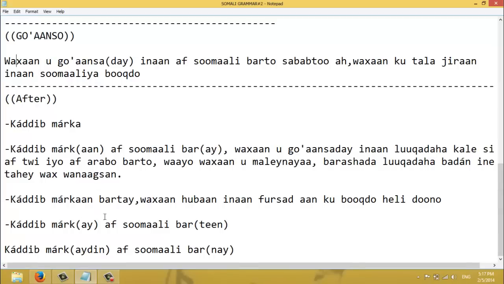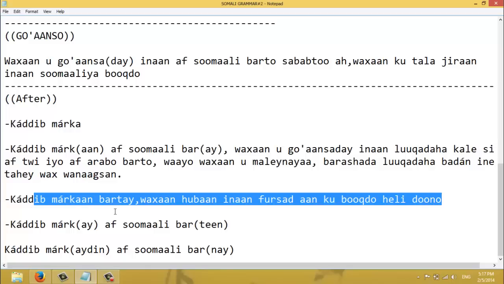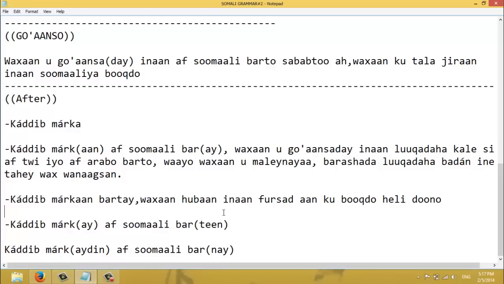Kadib marakaan baratay. Waxaan hubaan inaan fursad aan ku booqdo heli doono.